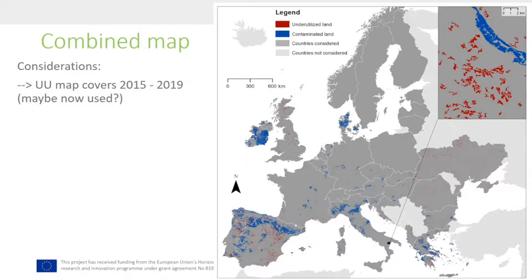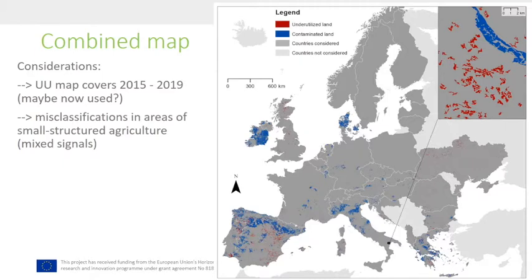Sometimes they are left fallow for 5-6 years, and then they are for some reason recultivated. So that's something that has to be taken into account, of course. As I said before, in some small structured agriculture, we have these 30 by 30 meter pixels, so this could be an issue sometimes.